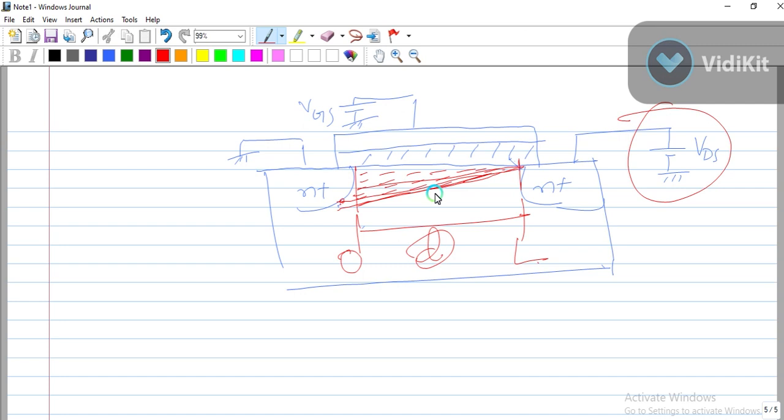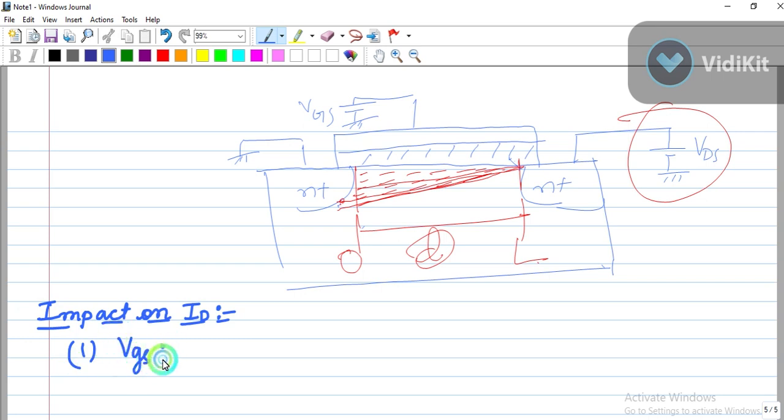Now we want to see the impact on ID. The next heading is impact on ID by different parameters. The first parameter I'm taking is VGS.